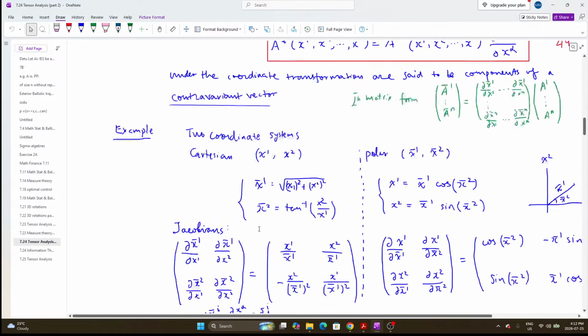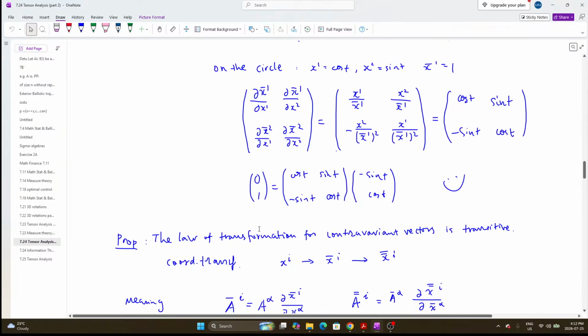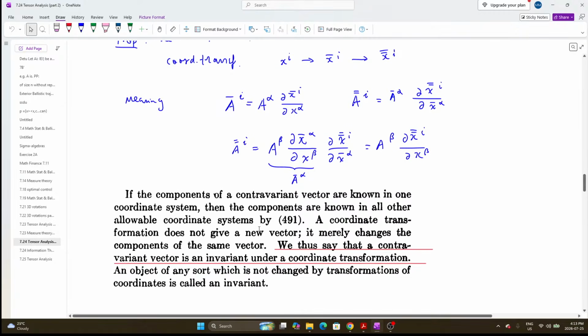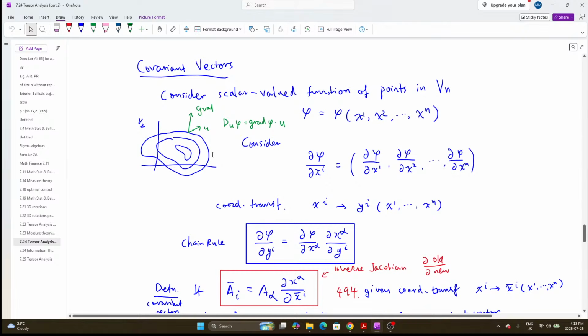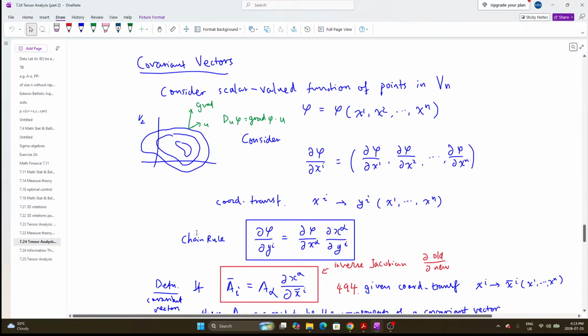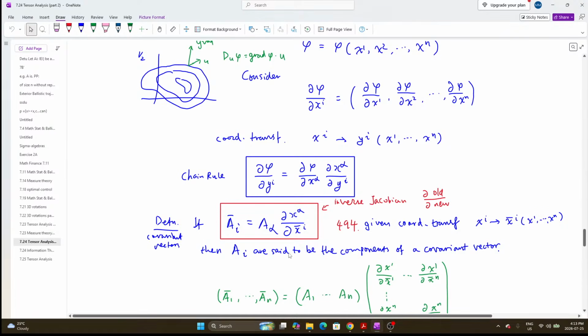On the other hand, the other geometric object from which we introduced the transformation law for the covariant vectors is a scalar field. In a scalar field, it takes n numbers as input and returns just one output. So the covariant vector returns a scalar, as opposed to the previous situation.